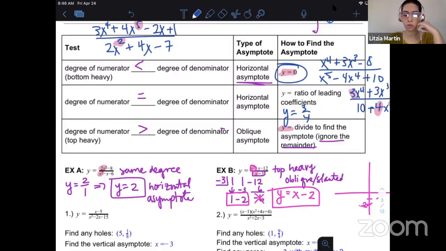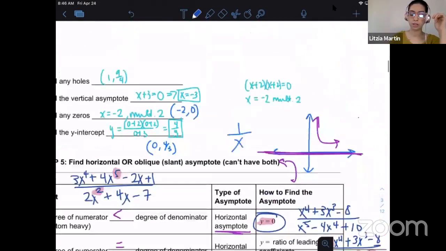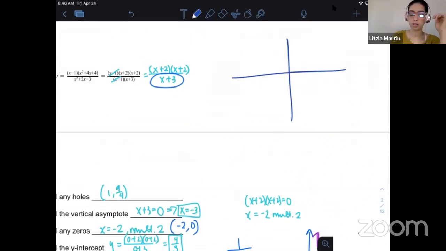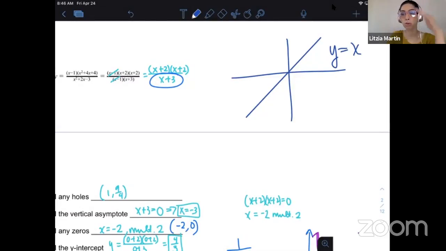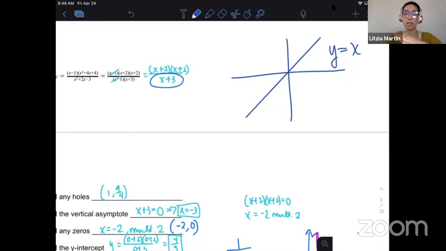And if we think about our parent functions, remember the parent function that looks like this, that is the equation y is equal to x. So your slant or oblique asymptotes are going to be some variation of this parent function, because that's what our slanted line looks like and how we can write it with that equation.